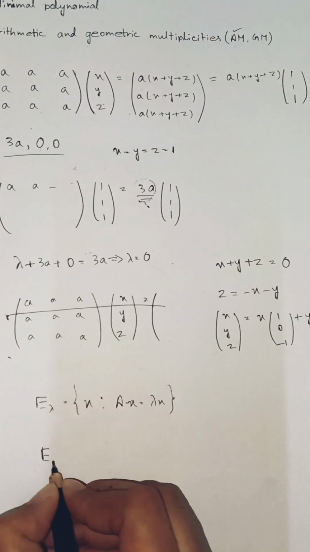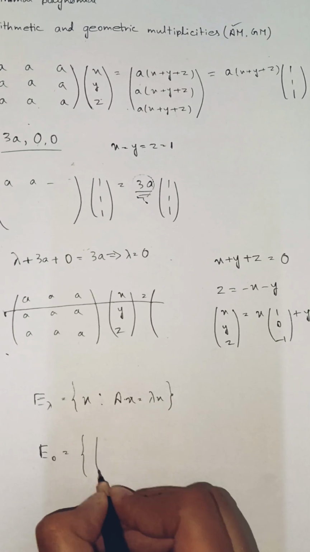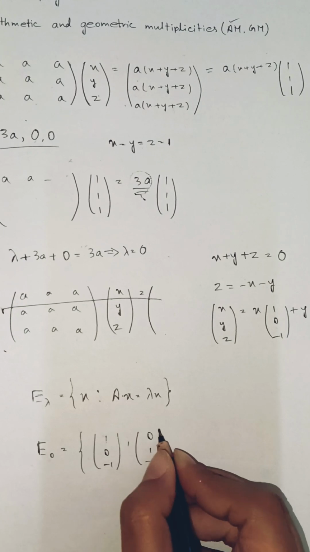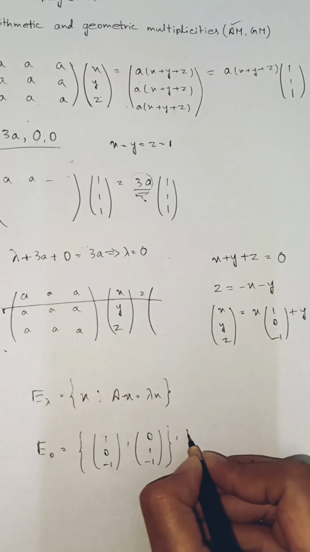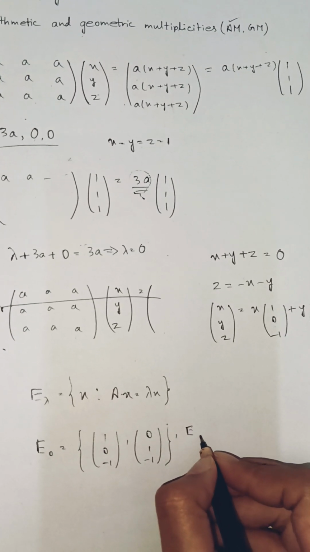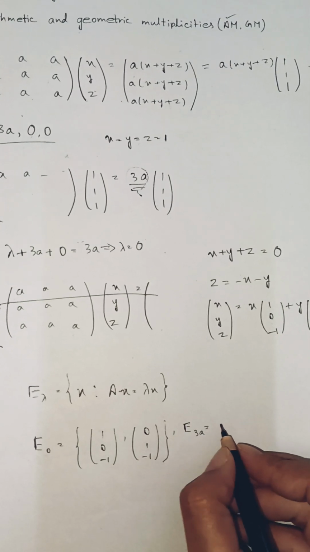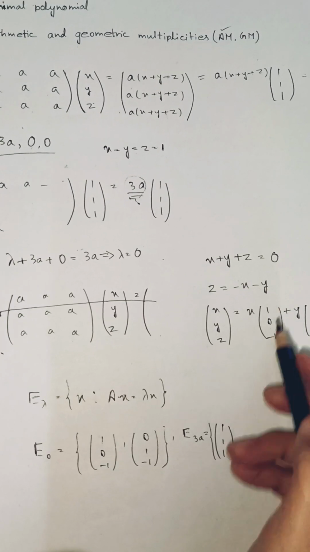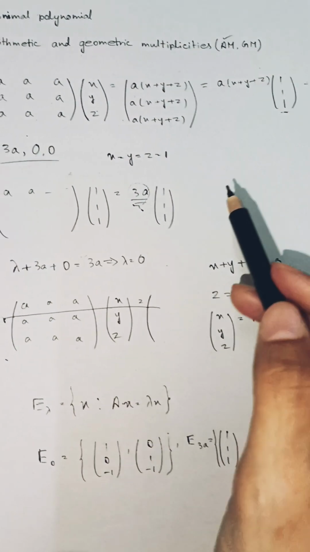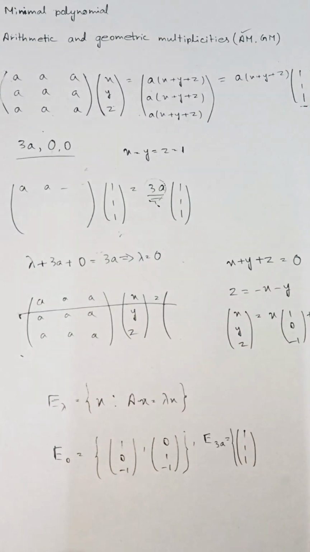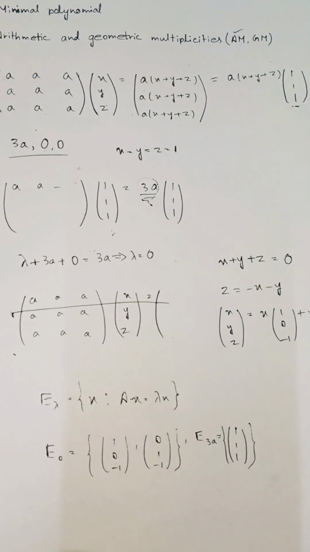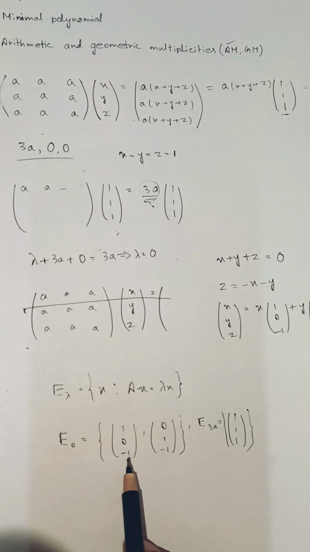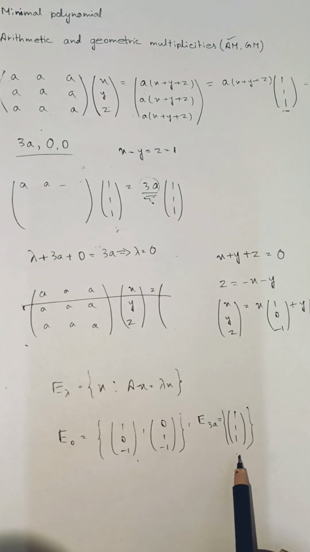So E0 here is generated by 1, 0, minus 1 and 0, 1, minus 1. And E3a will be generated by 1, 1, 1, as we have noticed here. So we notice that the geometric multiplicities for 0 and 3a will be 2 and 1 respectively.